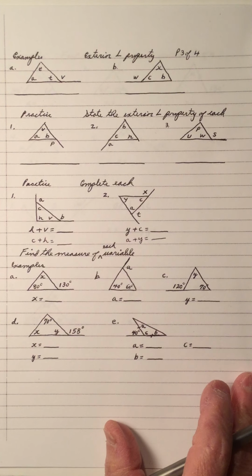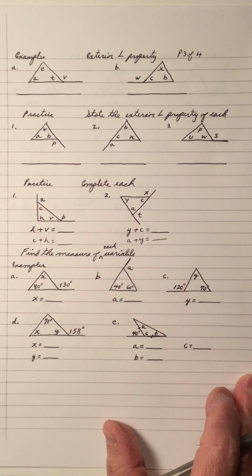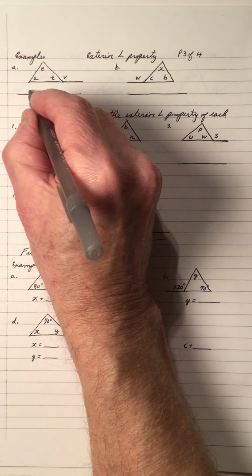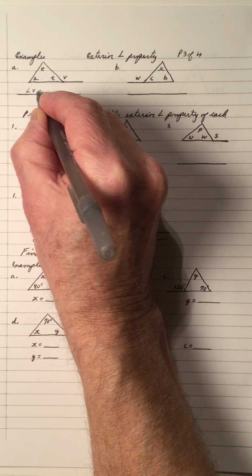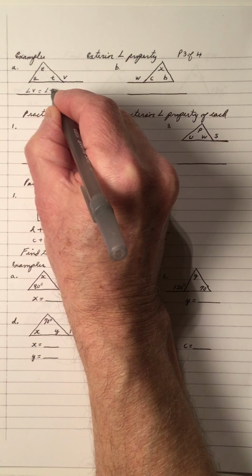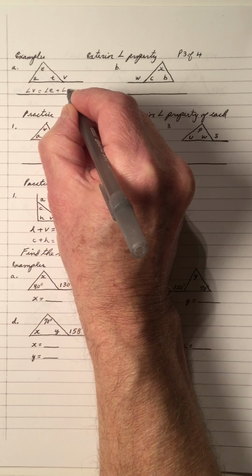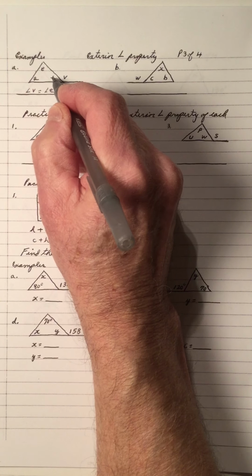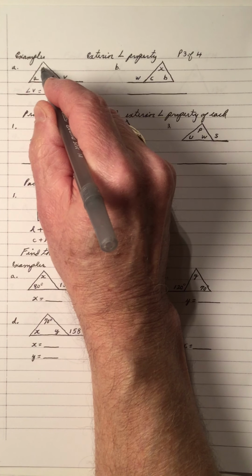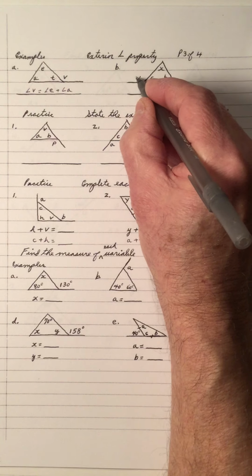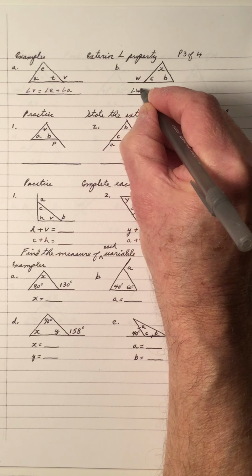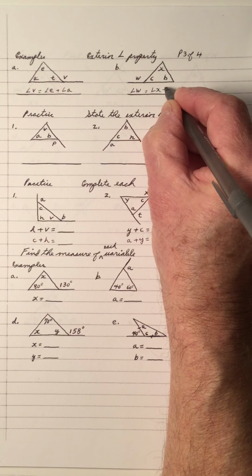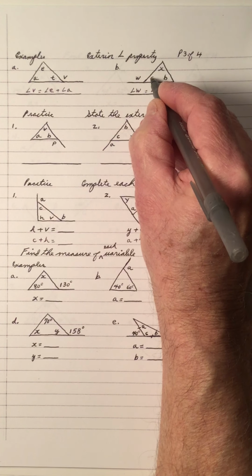So we know that the exterior angle is equal to the sum of the two interior remote angles. So that means that angle V is equal to angle E plus angle A. T is adjacent, so V must be equal to E plus A. W is the exterior angle, therefore W must be equal to angle X plus angle B, because that's the adjacent angle.